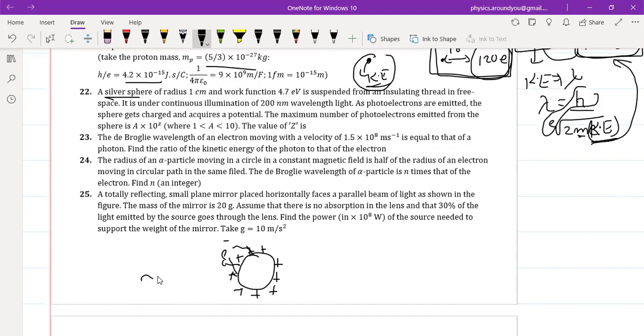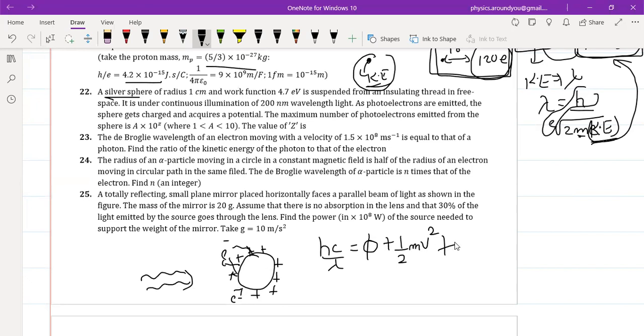So now when light is falling on it, its energy hc by lambda is not only consumed in overcoming the threshold function, it is not only used in giving it some kinetic energy, it is also used to overcome the potential energy of the electron with this charged sphere. That's the ultra concept.